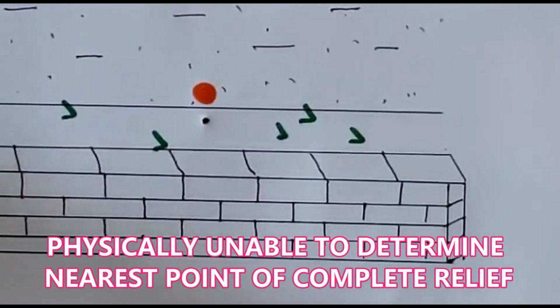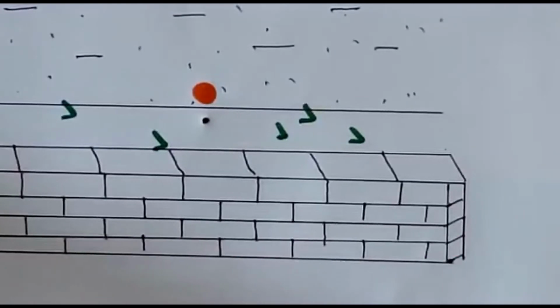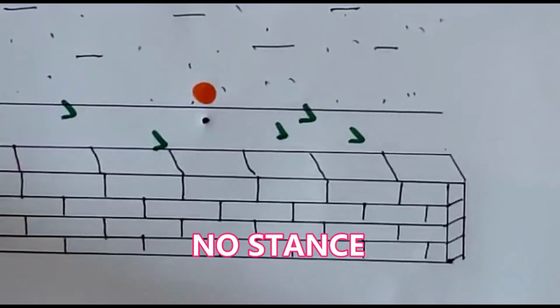Here, the player is physically unable to determine the nearest point of complete relief because that point is within the boundary fence and it prevents the player from adopting the required stance.